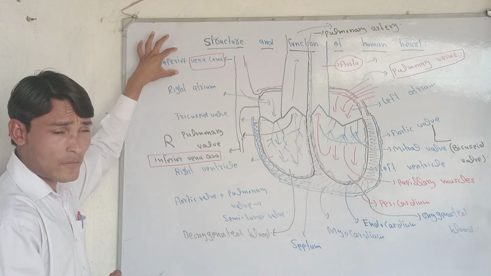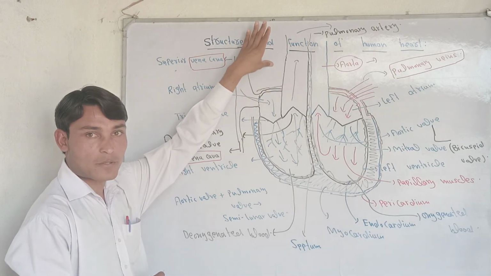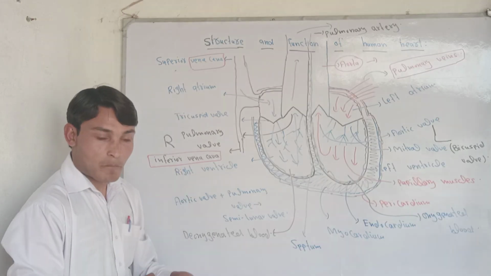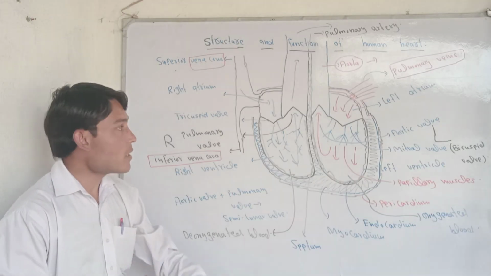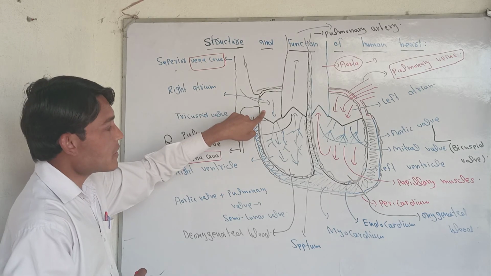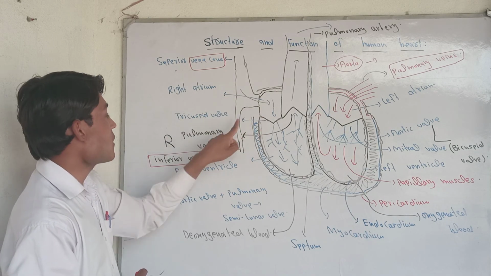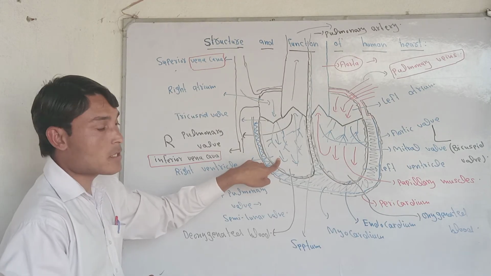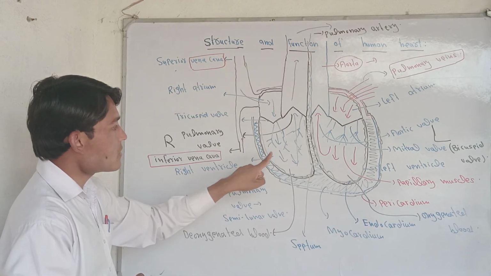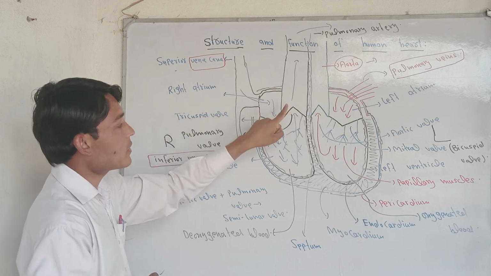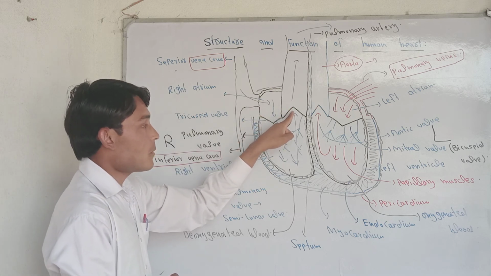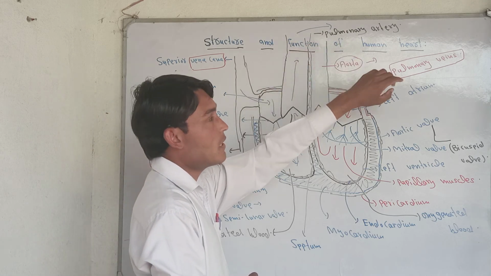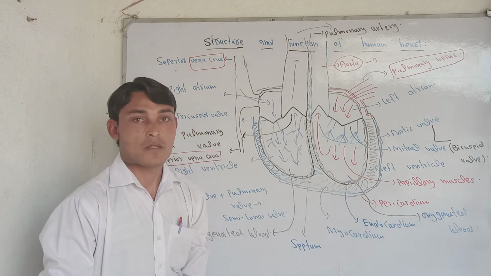The superior vena cava takes deoxygenated blood from the upper part of the body, while the inferior vena cava takes it from the lower part of the body, and pours it into the right atrium. Then the tricuspid valve opens, the deoxygenated blood is received by the right ventricle, then the pulmonary valve opens, and the blood moves toward the lungs through the pulmonary artery. So that's it.